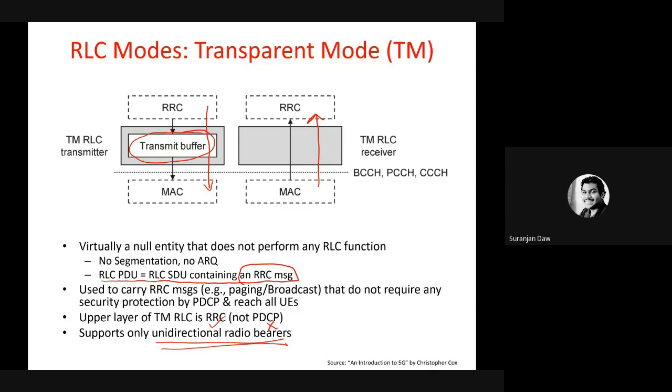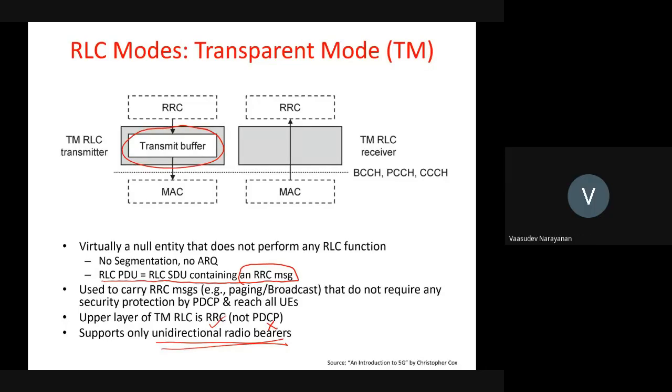Due to speed mismatch. Sir, it needs to maintain reliable delivery, right? No, this is the transparent mode, there is no reliability. Sir, if the higher layer is generating data at a rate which cannot be handled by the lower layer. So you're talking about flow control, is it?